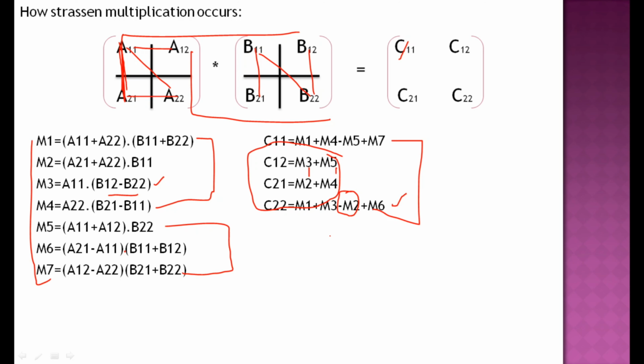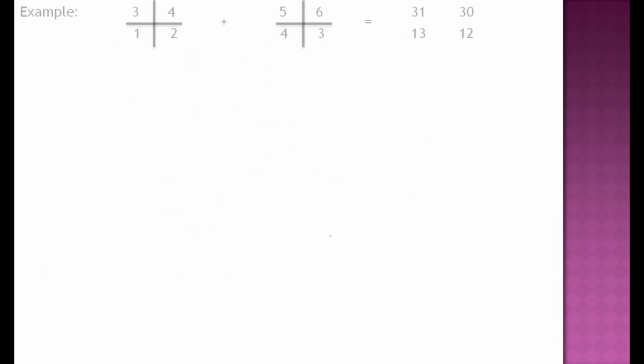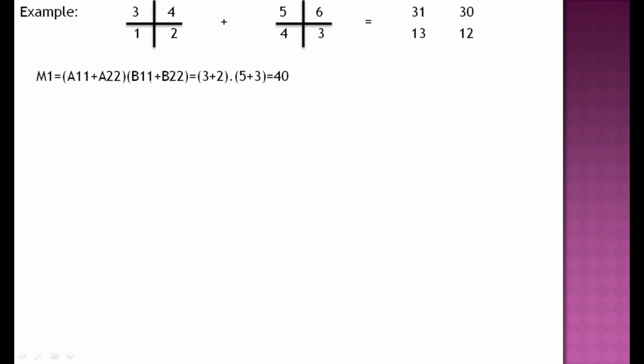Next, let us discuss an example. Here I take 2 by 2 matrices and we perform the multiplication. The output is 31, 30, 13 and 12. Let us perform the multiplications and the additions. First, m1, (a11 plus a22) into (b11 plus b22), and we get the value 40.